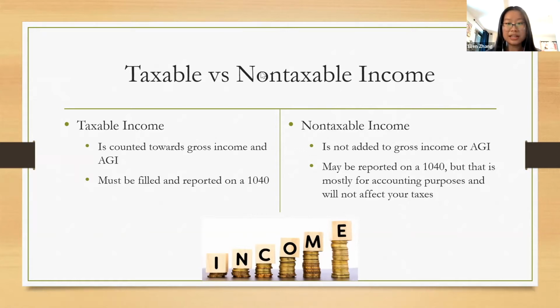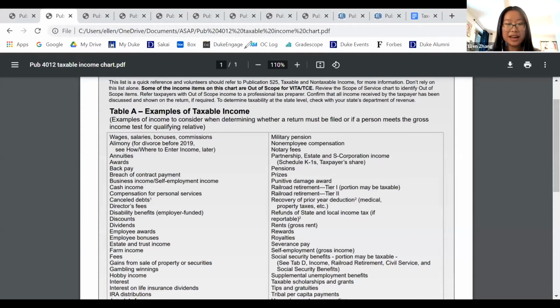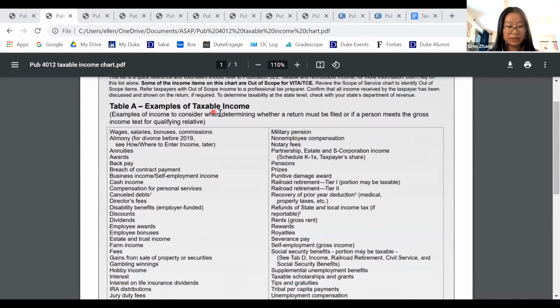So let's go ahead and look at a little table that I have that gives some examples of taxable versus non-taxable income. Again, all of these resources can be found on the Taxes 101 resources guide if you want to pull it up and look at it for yourself. So here we have just a very quick reference guide of some examples of taxable and non-taxable income.